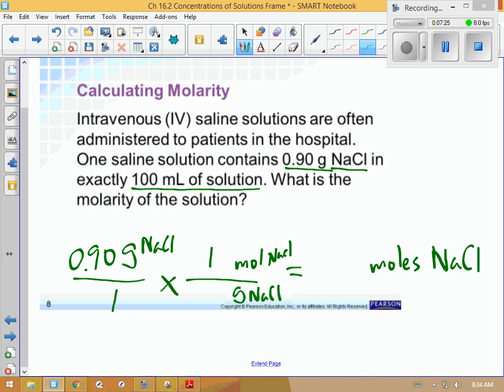So 1 mole, everybody remember this? If you need to get your road maps out, you can. 58.5 grams. So how many moles do we have? Can someone do the calculation for me? Our grams of sodium chloride cancel, and we're dividing 0.9 by 58.5.